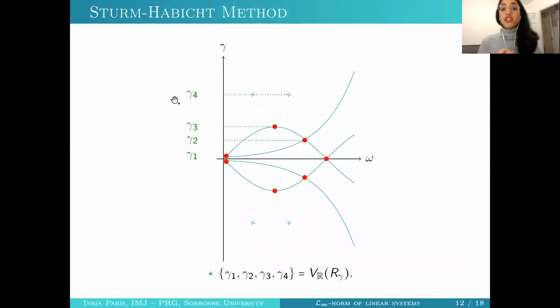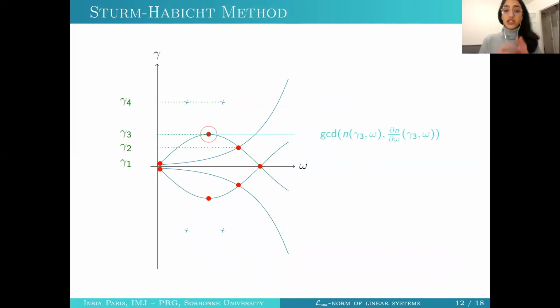Finally, the Sturm-Habicht method. In this method, we also start by projecting my system solutions to the gamma axis. However, here we don't need any separation. As we can see, gamma 3, which is the searched value, is the maximal gamma projection over which the GCD polynomial of n and its derivative with respect to omega admits at least one real root.